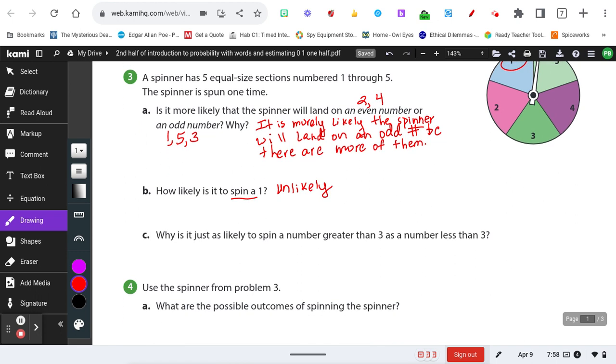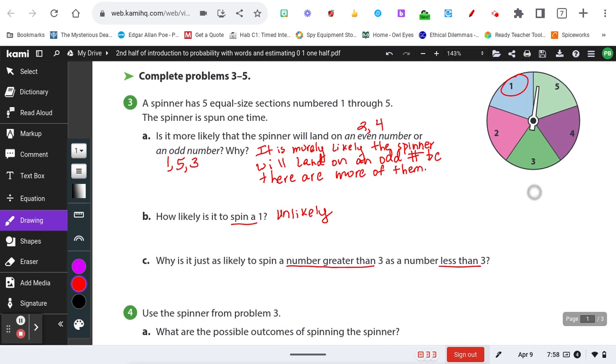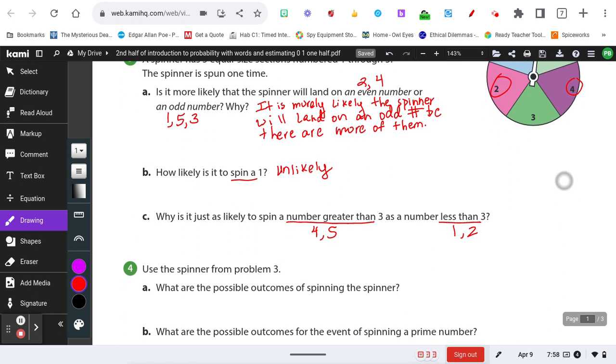C, why is it just as likely to spin on a number greater than 3 as a number less than 3? Well, let's take the numbers greater than 3. That would be 4 and 5. 4 and 5 are greater than 3. And then the numbers less than 3 are 1 and 2. So it's the same amount.